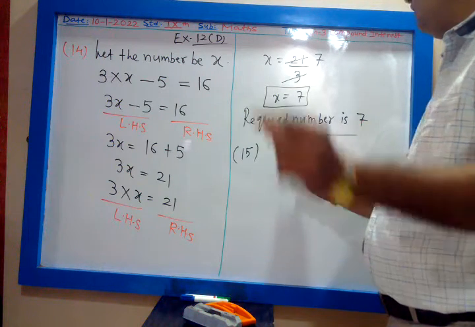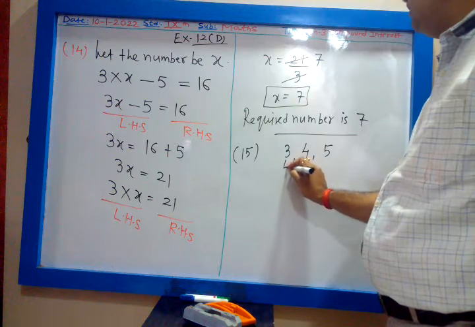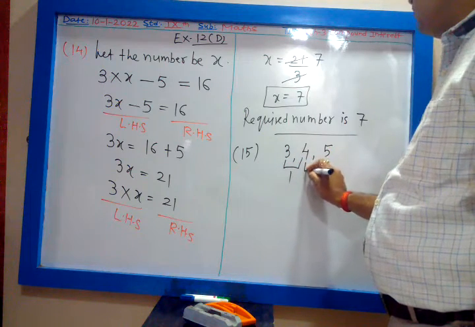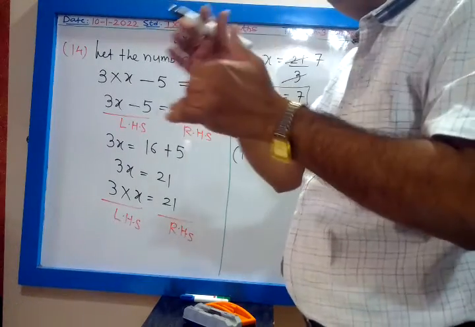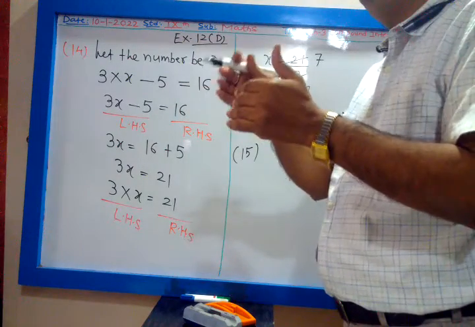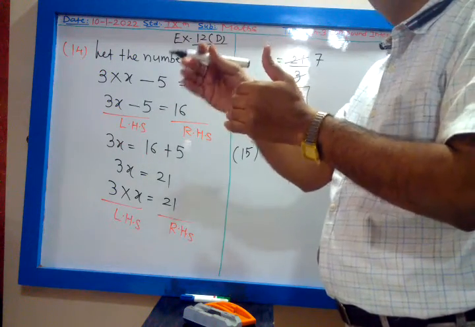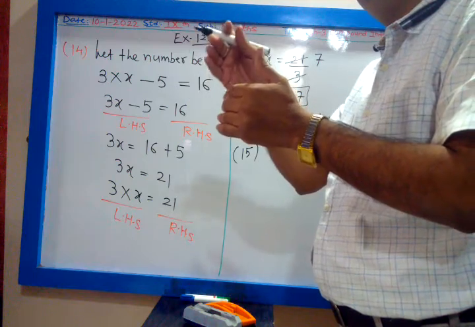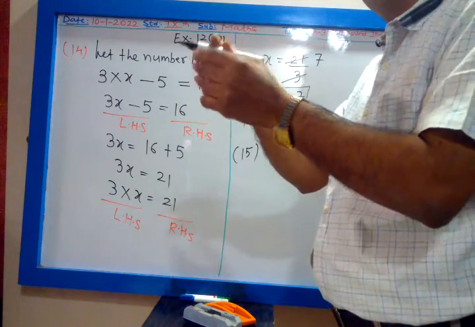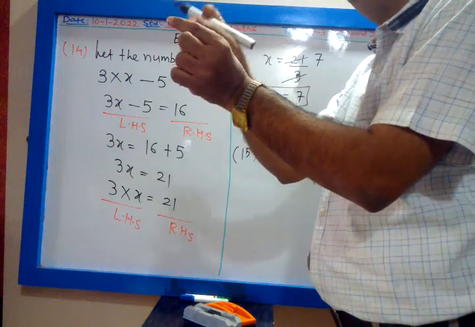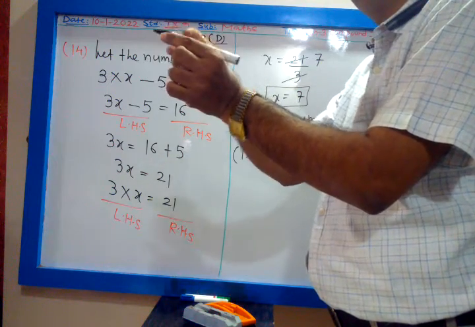What is the difference between two consecutive natural numbers? 1. So if it is three consecutive natural numbers, we take x, x plus 1, x plus 2. If it is three consecutive even numbers, we take the difference of 2. If three consecutive odd numbers, we take the difference of 2.